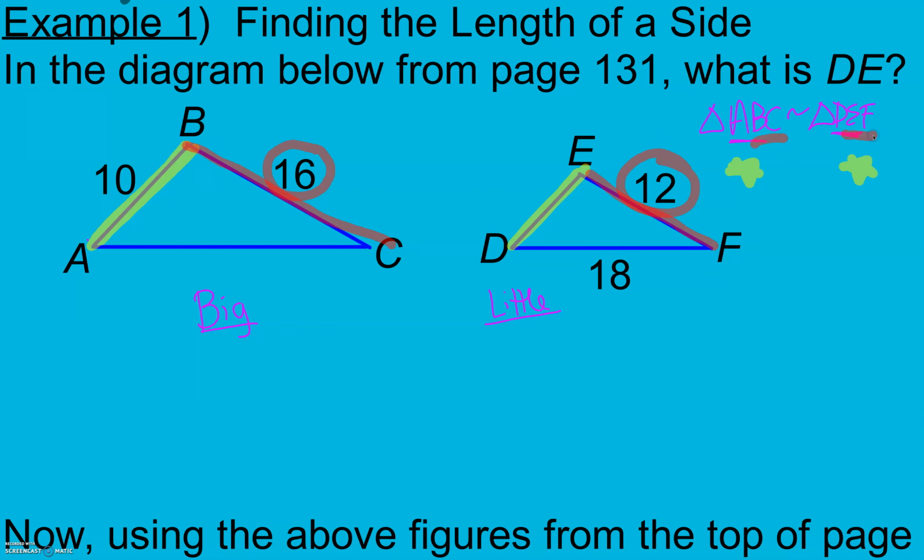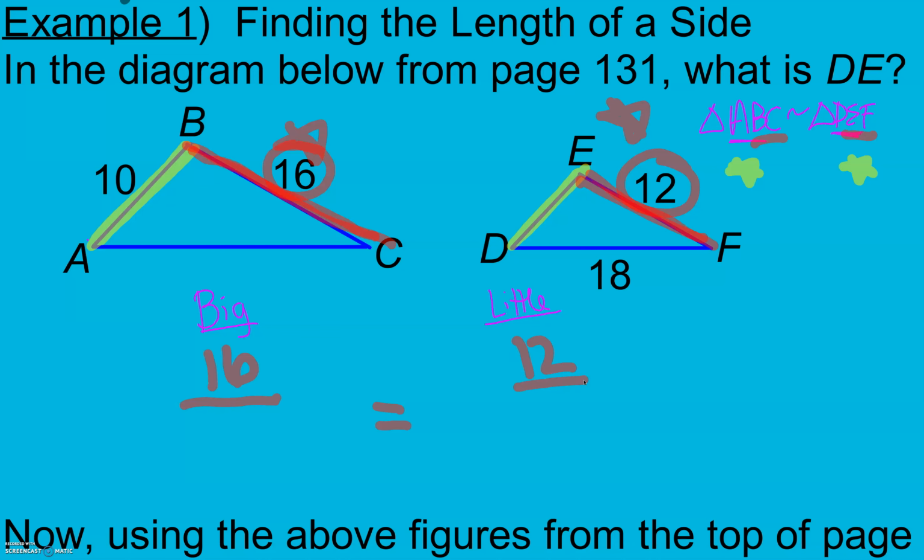So since I know both of those, I can use this relationship to help me figure out the other relationship. So in my big triangle, I know this side is 16. In my little triangle, I know that corresponding side is 12.